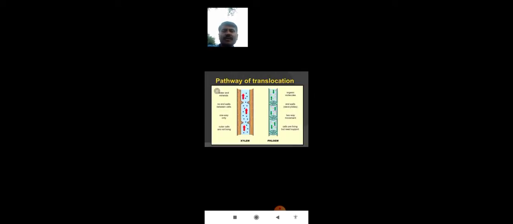Pathway of translocation: look at the two pathways, one the xylem and the other the phloem. The arrows shown in the xylem are in red color, tapering upwards.